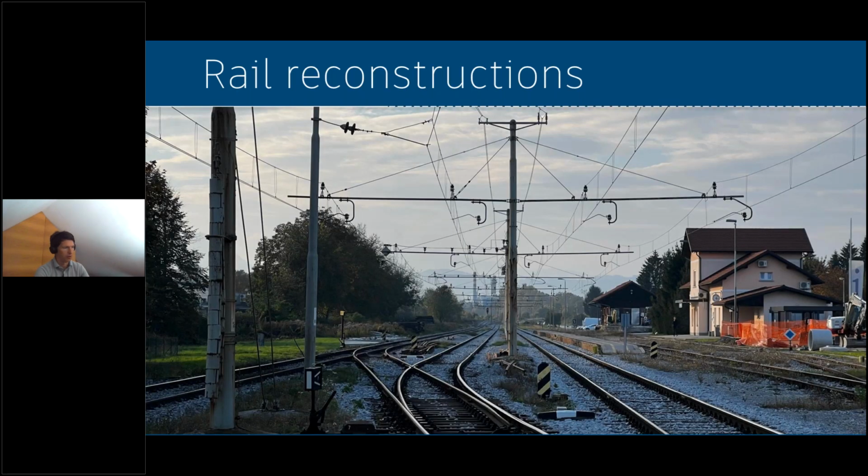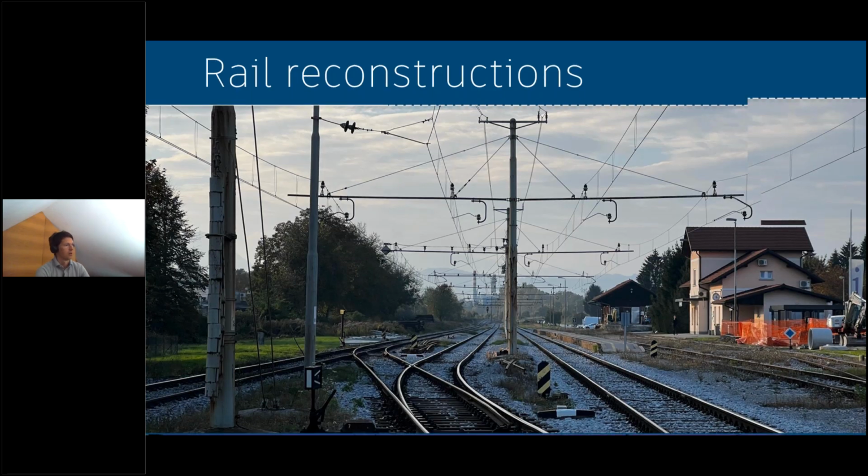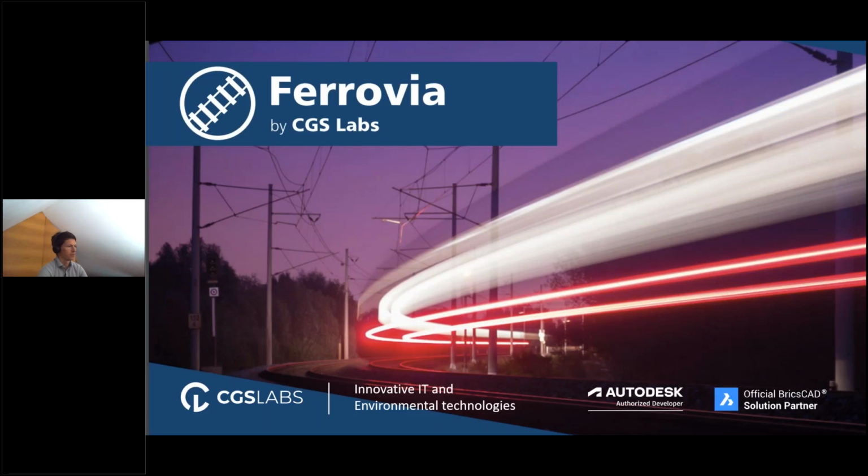Many of our users use our turnouts and rail crossing commands for placing turnouts into those designs. And from here on, we'll move to the 3D, to the BIM models.